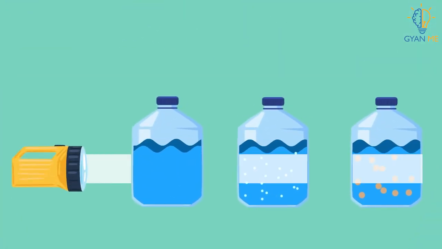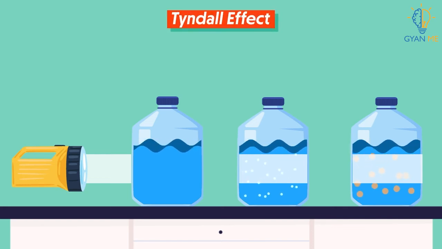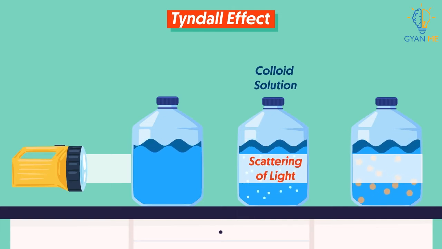Now students, look at this image. Does this image remind you of anything? Yes, you are correct. It is the activity you performed in lower standards to test for the Tyndall effect. Am I right? Just recall that the Tyndall effect is the phenomenon in which the particles in a colloid, yes, the colloidal solution, scatter the beam of light that is directed at them.